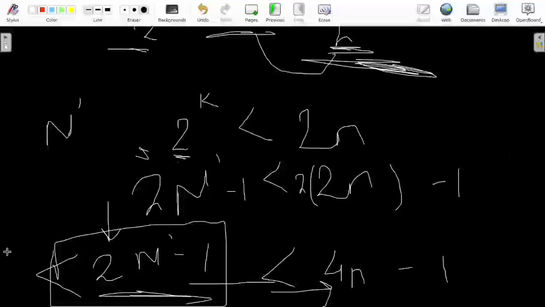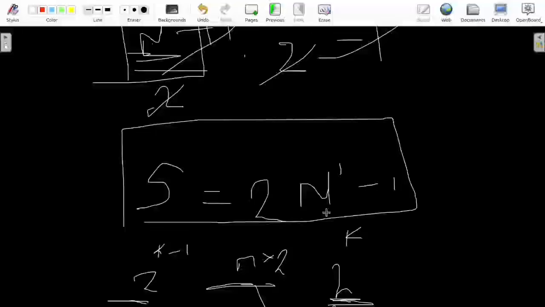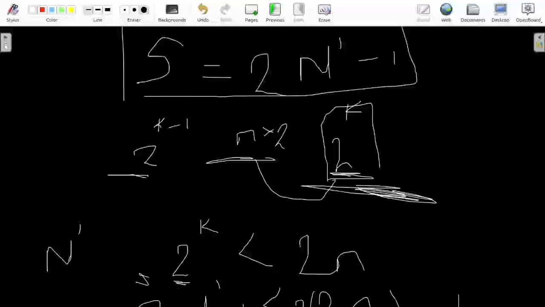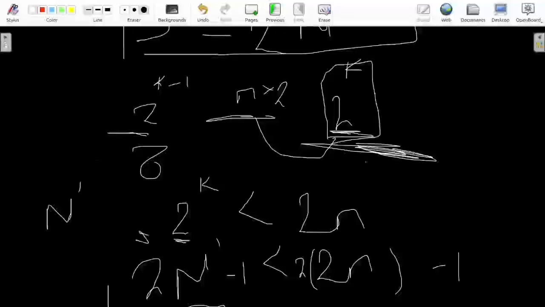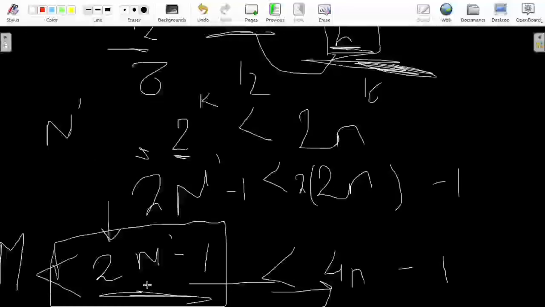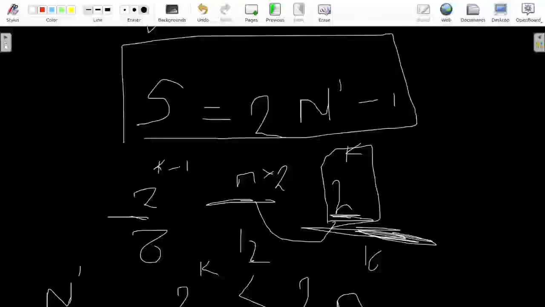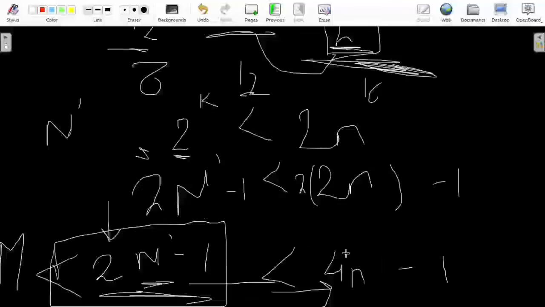Let's say for that we need a total of capital M nodes. So capital M will always be less than this term, because it's common sense, no? Let's say this is 8, this is 16, this is 12. For 16, if I need this many nodes, then for 12, which is a smaller array size, of course I will need fewer nodes.